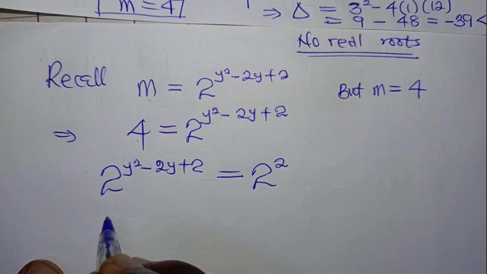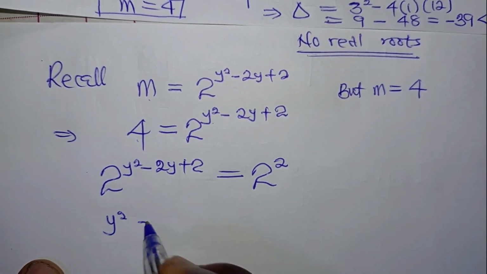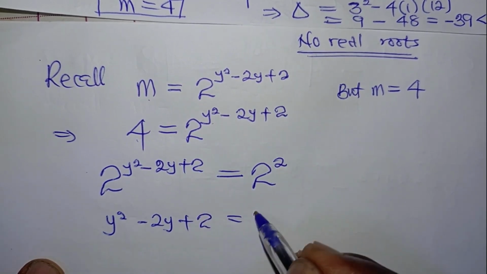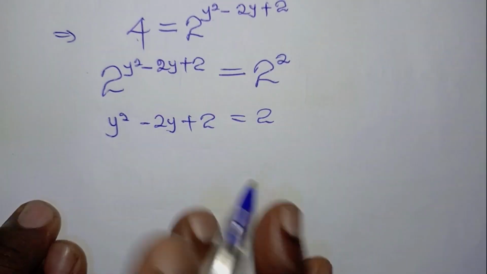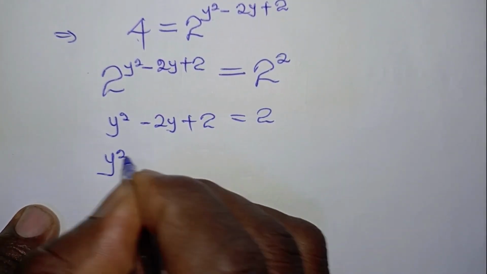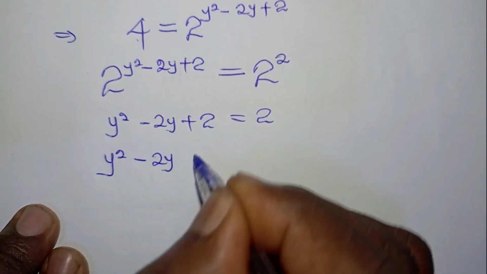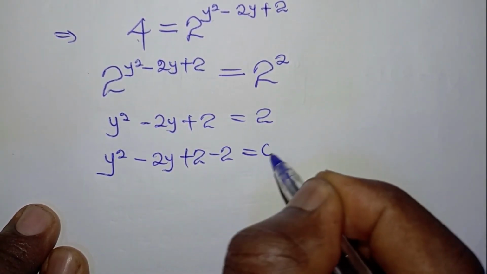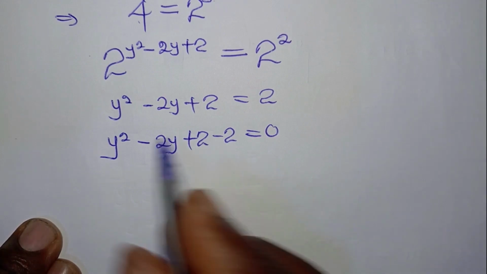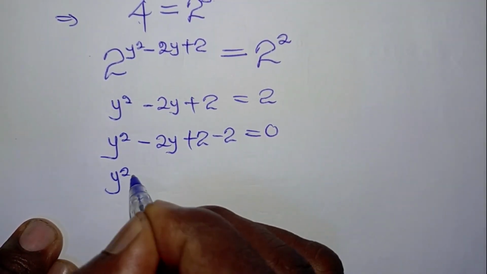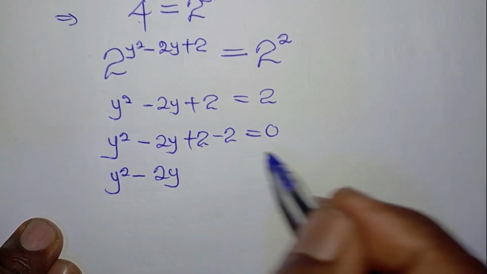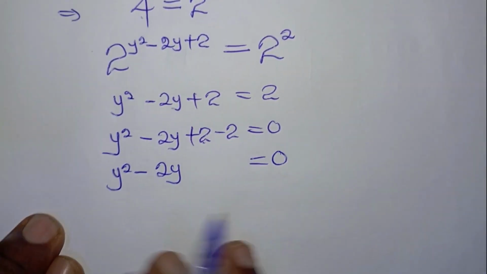So we have y squared minus 2y plus 2 is equal to 2, right? So we have y squared minus 2y plus 2 minus 2 equals 0. So this will give us y squared minus 2y. Remember, 2 minus 2 gives us 0, so that's equal to 0.